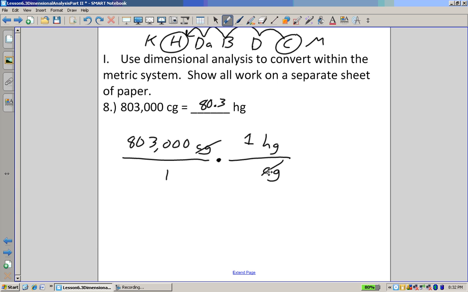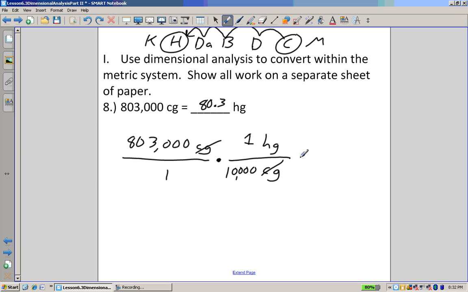The centigrams, we're going to figure out some power of 10. 1, 10, 100, 1,000, etc. Let's figure out which power of 10. 1, 2, 3, 4. So 10 to the power of 4, or 1 with 4 zeros behind it.